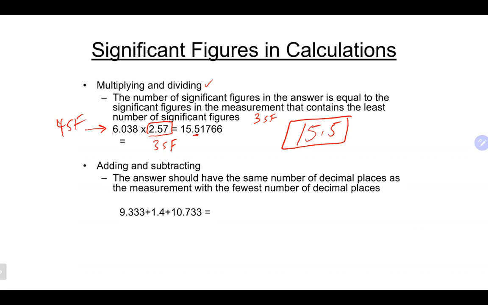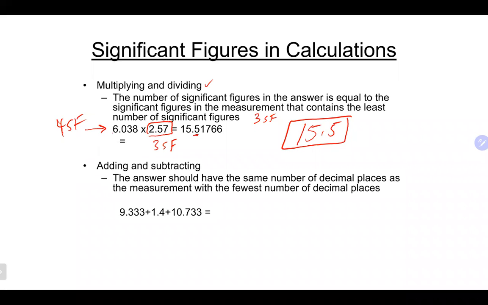Now, adding and subtracting is a little bit different. When we add or subtract, what we're looking at is actually decimal places, and it's still the least number of decimal places. So your answer should end up with the same number of decimal places as your number with the least number of decimal places.